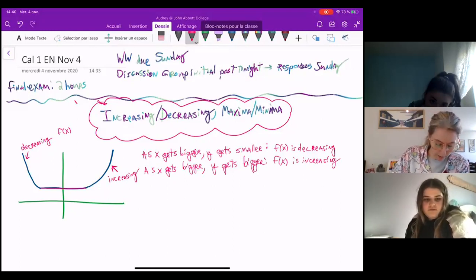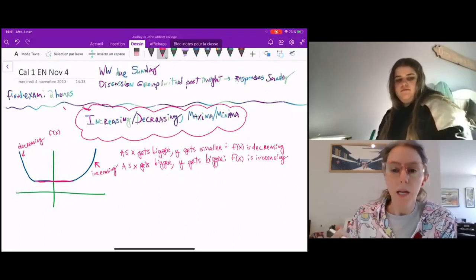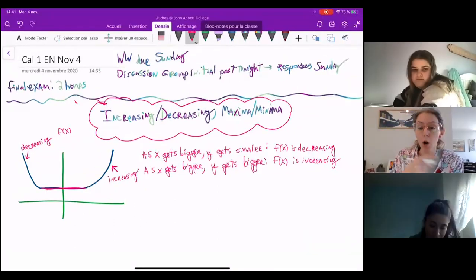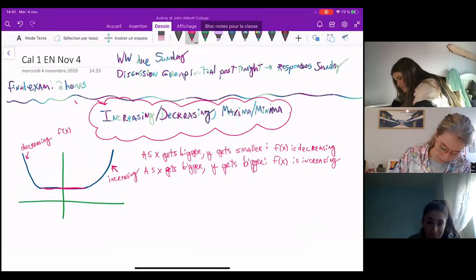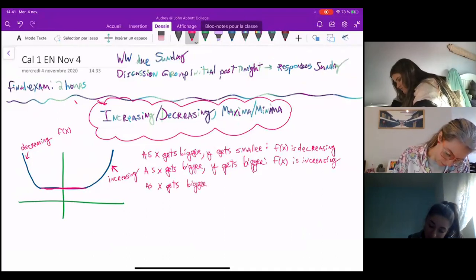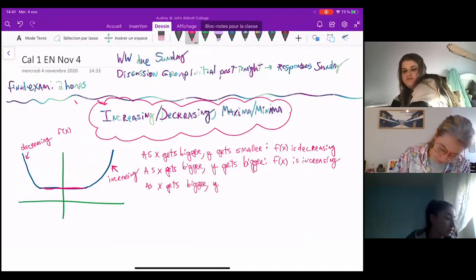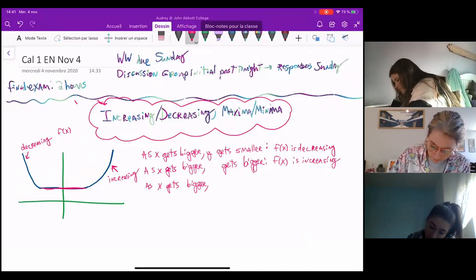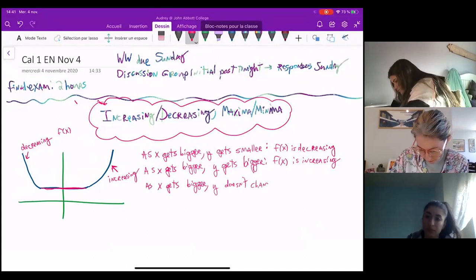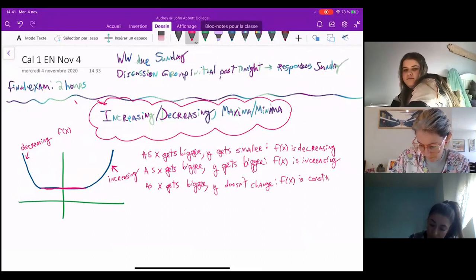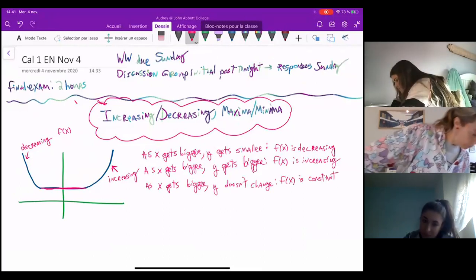If I look at what I've just gone over in red there, as my x value gets bigger, it doesn't change. You got it. It doesn't change. So as x gets bigger, y doesn't change. We say that f of x is constant.